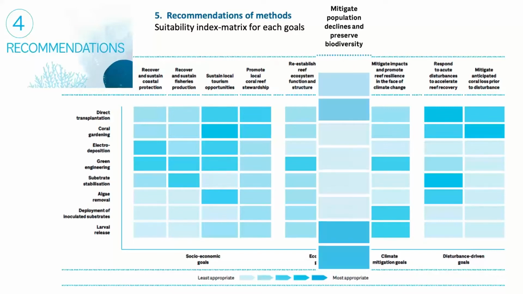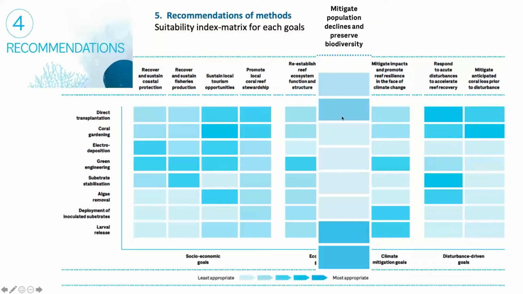So for example, if we look at the goal of mitigating population decline and preserving biodiversity, you can see that the two methods associated with larval-based restoration, so larval release or the deployment of inoculated substrates, are rated as most appropriate, which makes sense because they're the two methods that can really help maximize genetic diversity.